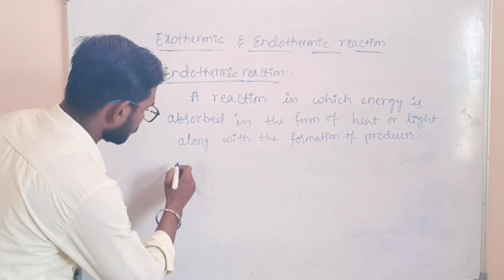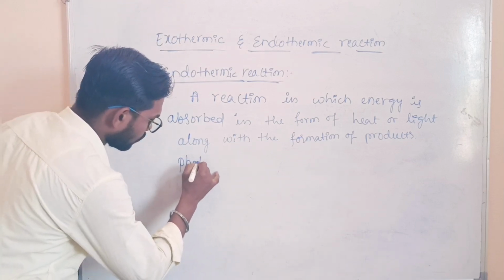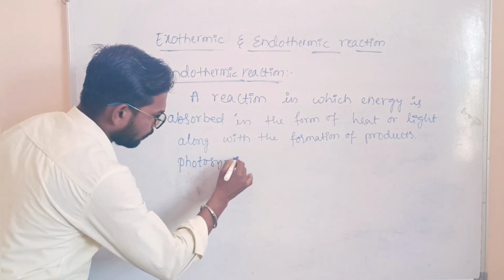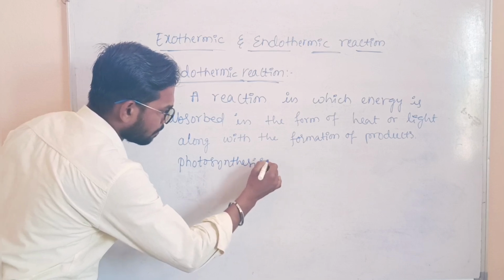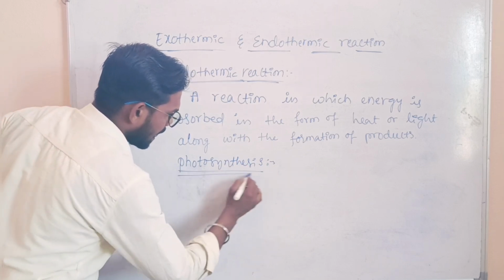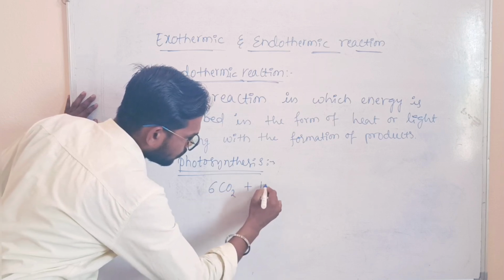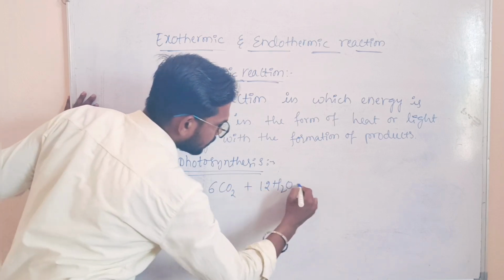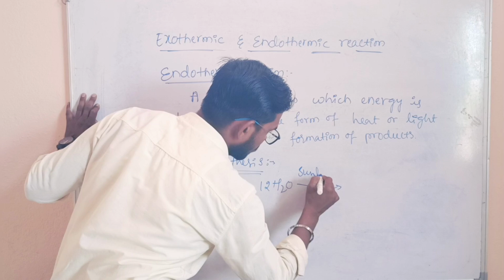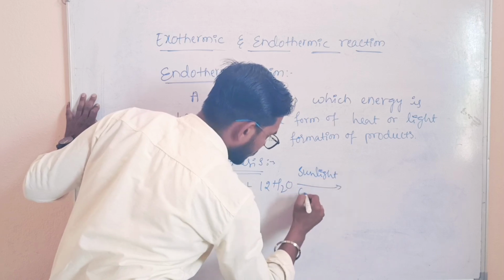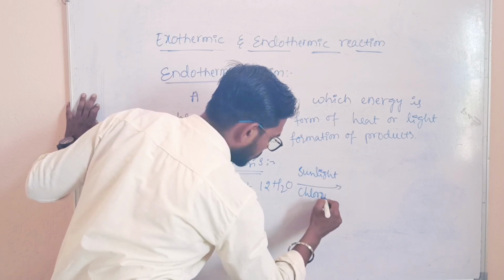Now we are going to give the examples for this one, that is photosynthesis. Photosynthesis is the best example of this endothermic reaction. That is 6 molecules of carbon dioxide is going to use 12 molecules of water in the presence of sunlight and chlorophyll.